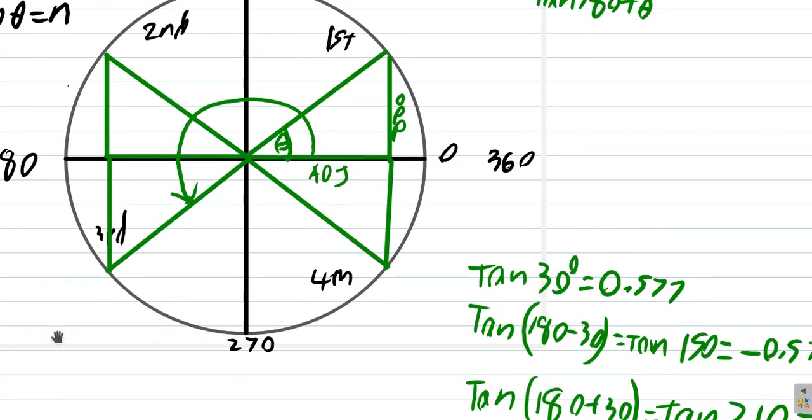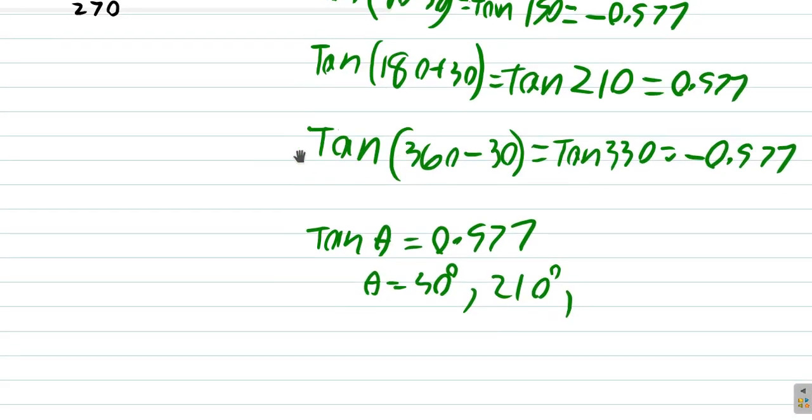Well, here, if you weren't told where to stop finding angles, you could find an unlimited number of angles, because to get right at this point, you could go all the way around 360 and then 30 more. So another angle would be 360 plus 30, which is what? 390.